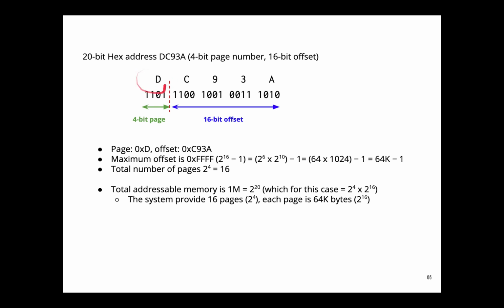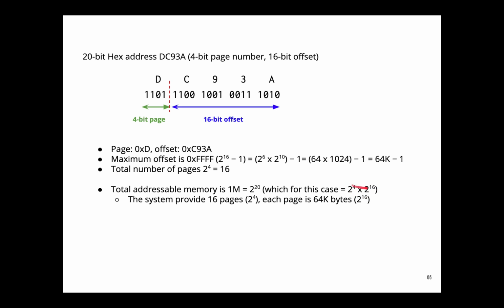With only 4 bits used for the page number, the total pages would be just 2 to the power of 4, so we have 16 pages total in this system. Now with 20 bits total, the total addressable memory is 2 to the power of 20. Remember, 2 to the power of 20 is a special unit, 1 meg. In this case, 2 to the power of 20 is equivalent to 2 to the power of 4 multiplied by 2 to the power of 16.